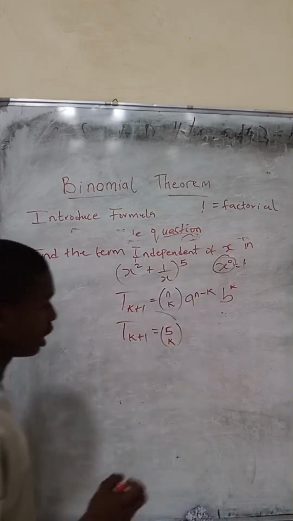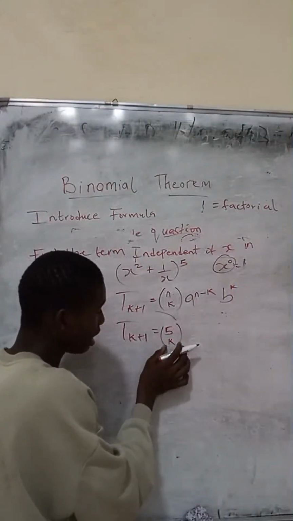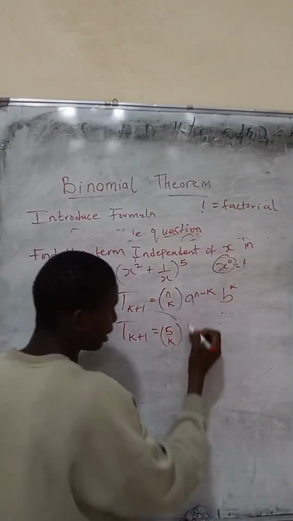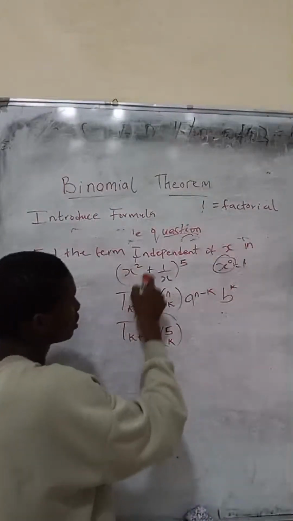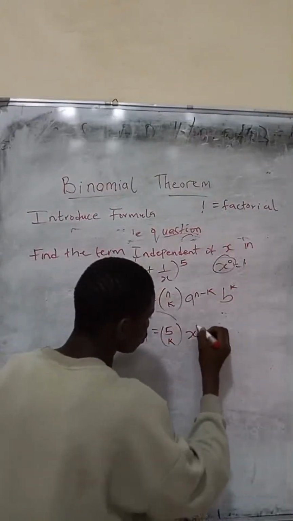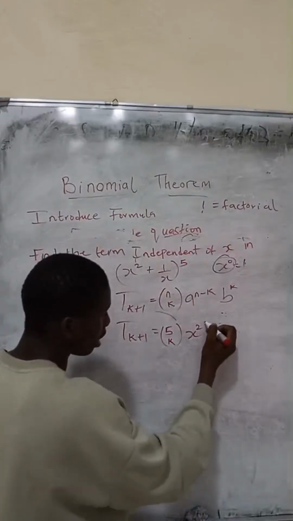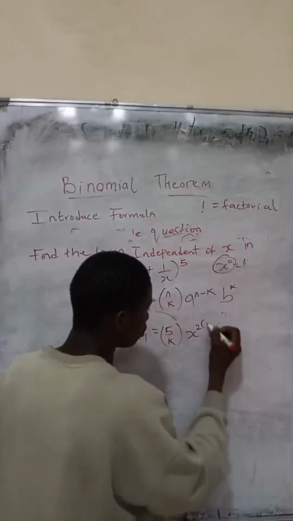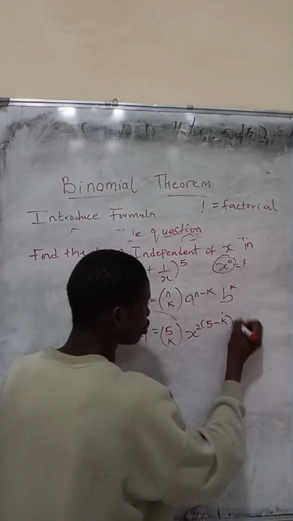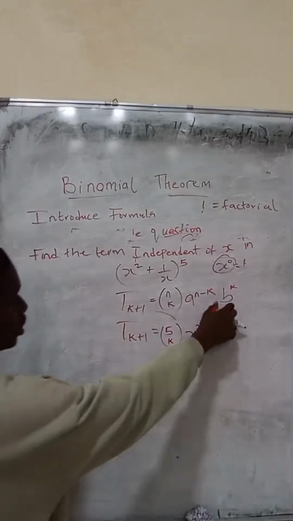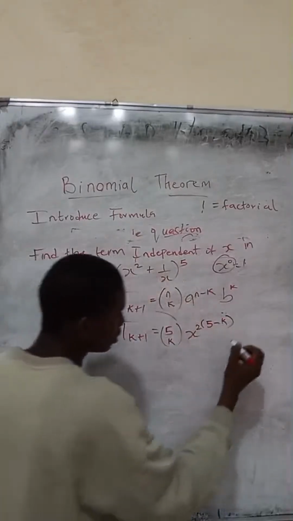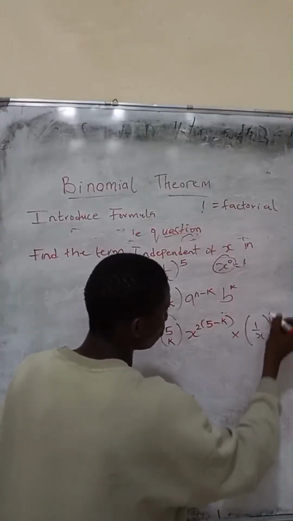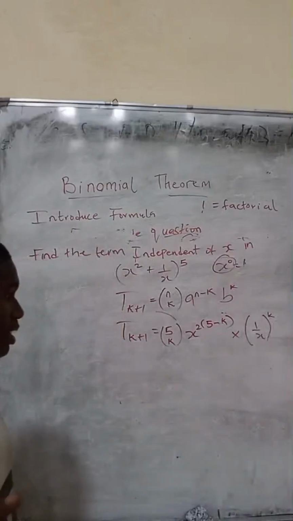So I will have 5 choose k, then my a, which is x squared, all to the power of n minus k, which is 5 minus k. Then the other part, 1 over x, all to the power of k. Let me make this simpler to understand.